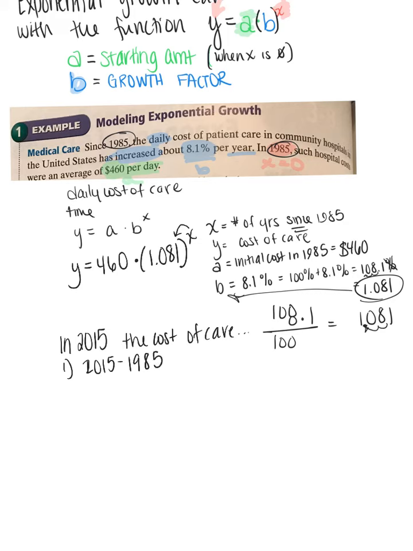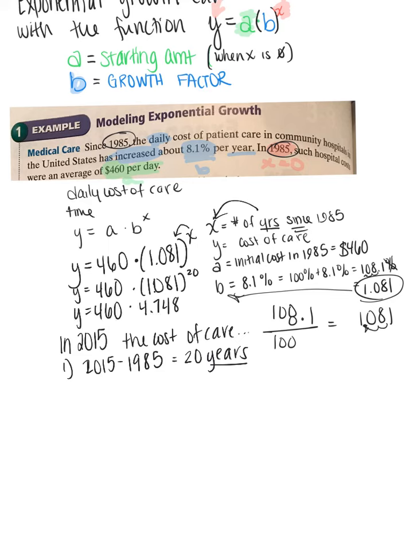How many years have passed? Well, 20 years. Wow. Okay. So again, my years are my x value. So I'm going to plug 20 back into my equation. y equals 460 times 1.081 to the 20th.